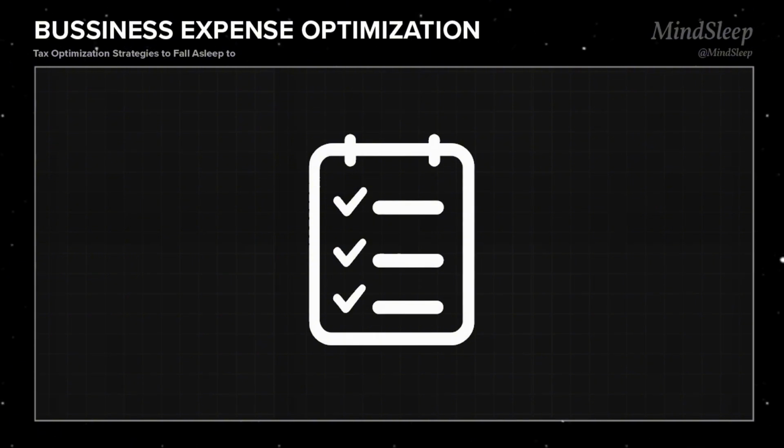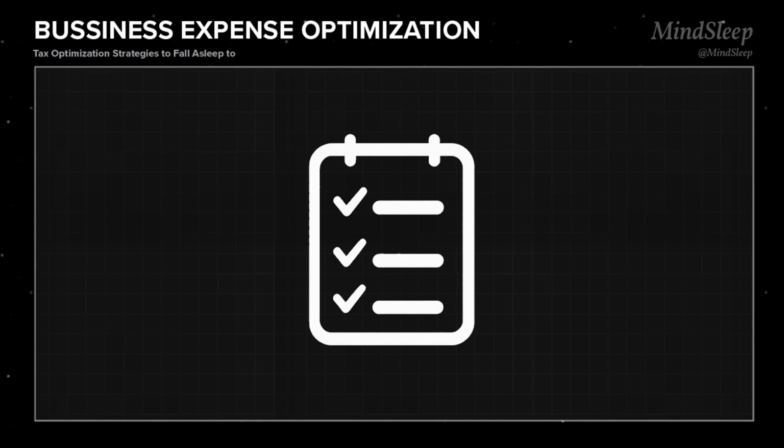Imagine AI systems that can predict optimal expense patterns based on vast datasets of business performance. This could lead to a new era of dynamic expense management, where spending strategies are continually adjusted in real time based on market conditions and business performance.